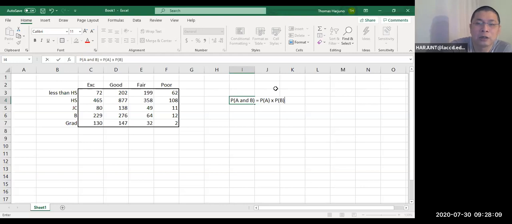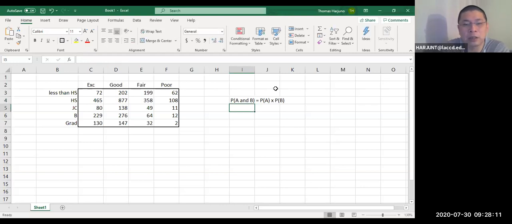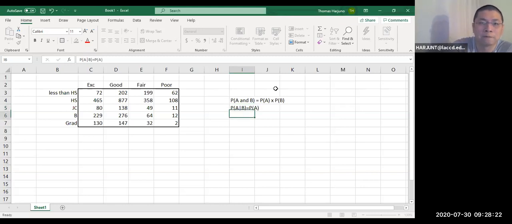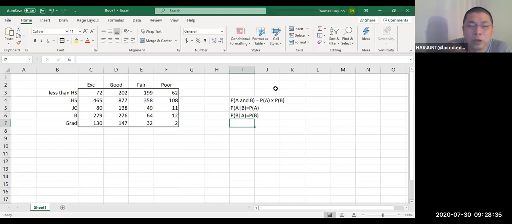Of course, the other statement is that the probability of A given B is equal to the probability of A regardless of whether we know B or not. Likewise, the probability of B given A is equal to the probability of B regardless of whether we know A or not. So once one of them is satisfied, all three are satisfied.